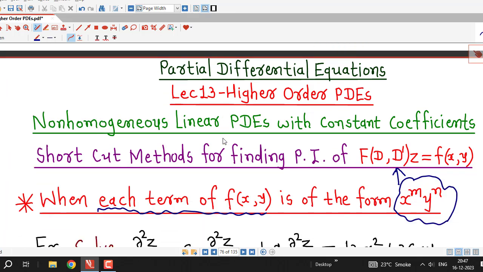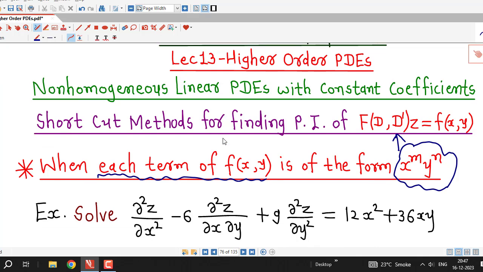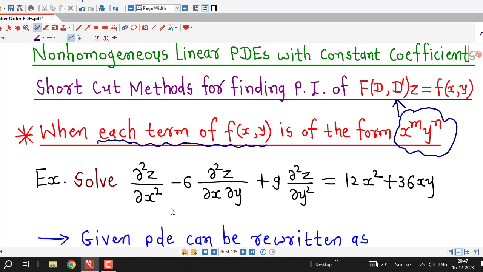Today we are going to discuss two more problems when the right-hand side is a polynomial function in two variables x and y. The first differential equation is del square z by del x square minus 6 times del square z by del x del y plus 9 times del square z by del y square equal to 12 y square plus 36 x y.